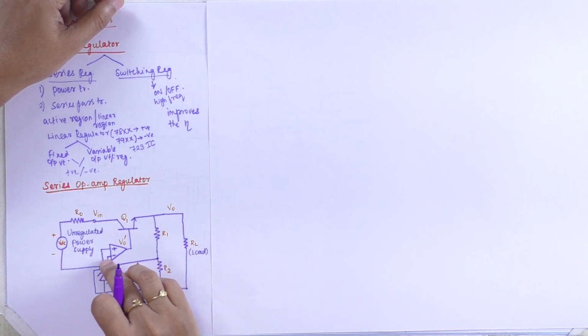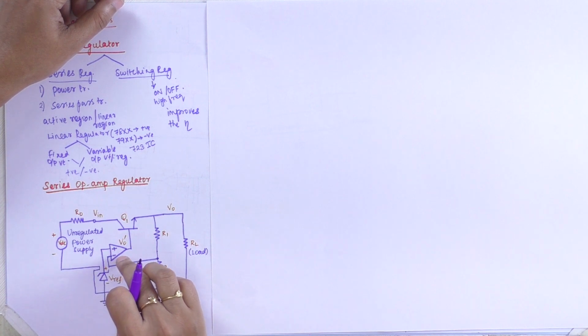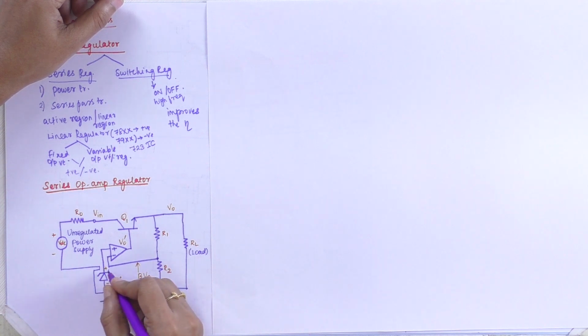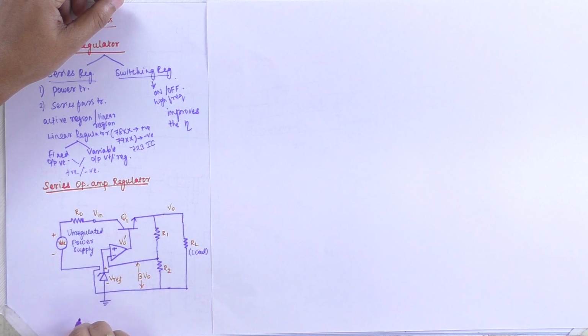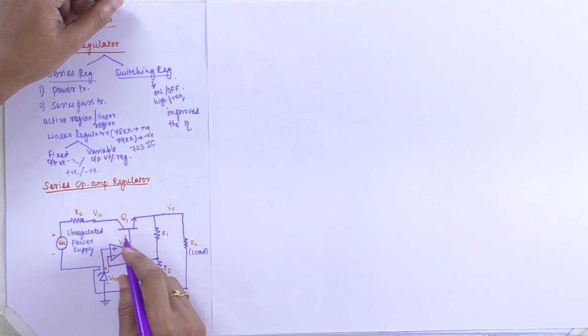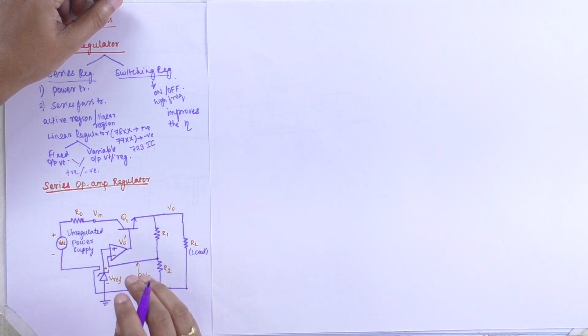The terminal between R1 and R2 is given to the inverting terminal of the amplifier, whereas the non-inverting terminal is connected to the diode with the reference voltage, with the other terminal grounded. And from this feedback network we get the output voltage beta into V0. So this is the outline of the circuit diagram.